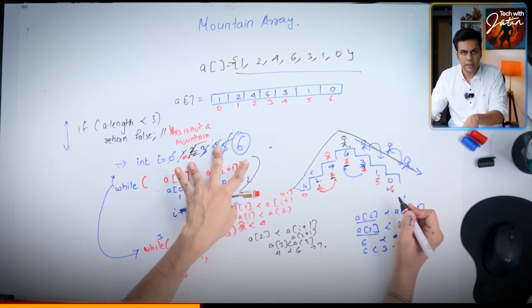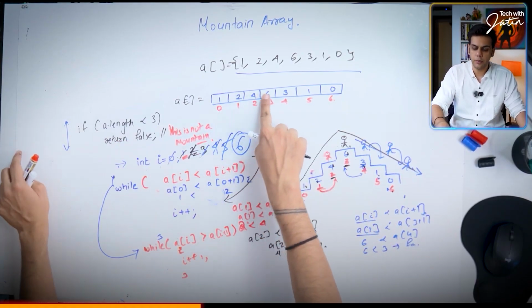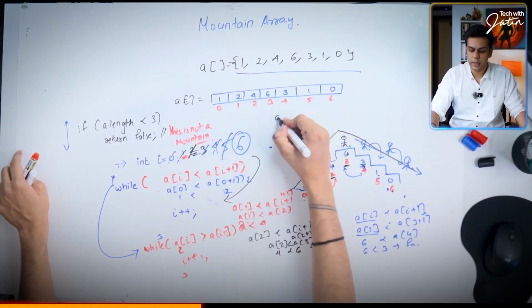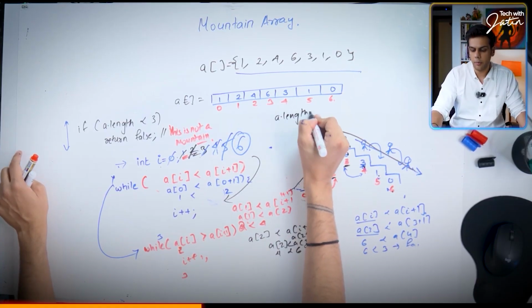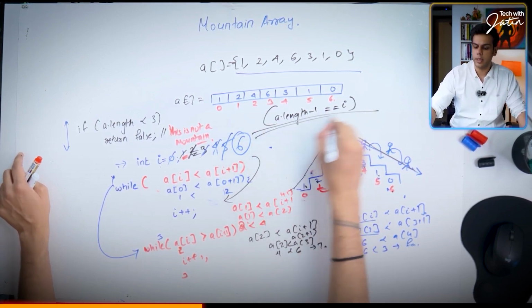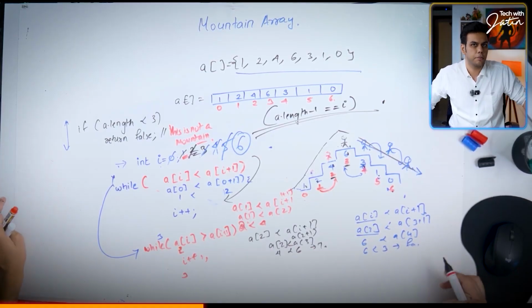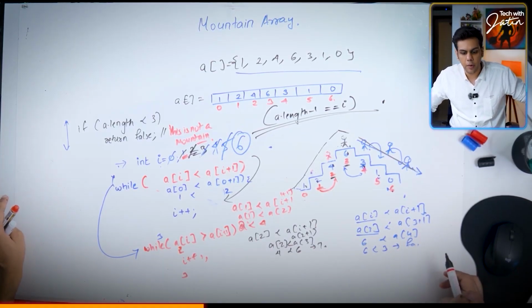So over here, this is 6, correct? The length over here is 1, 2, 3, 4, 5, 6, 7. So I can just say a dot length minus 1 is equal to I. This can be a mountain array. Makes sense to everyone? Perfect, right?